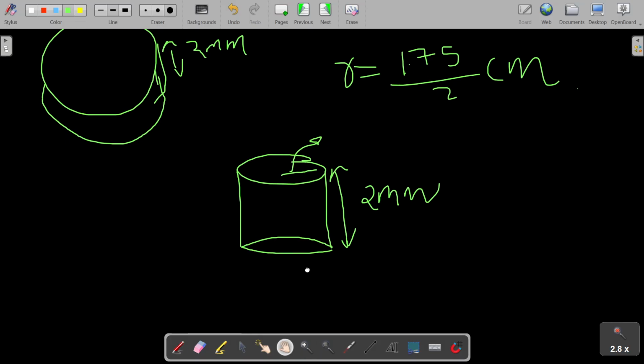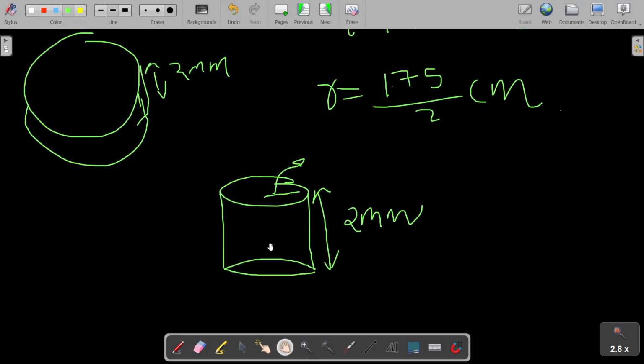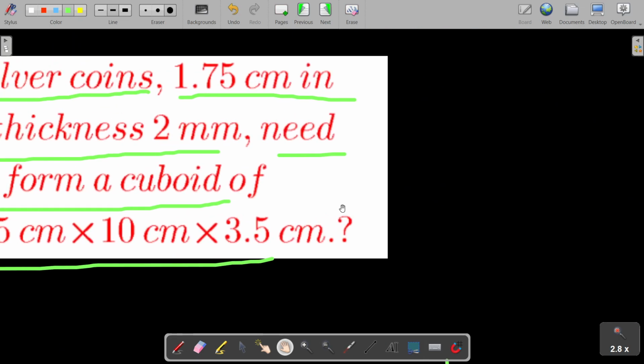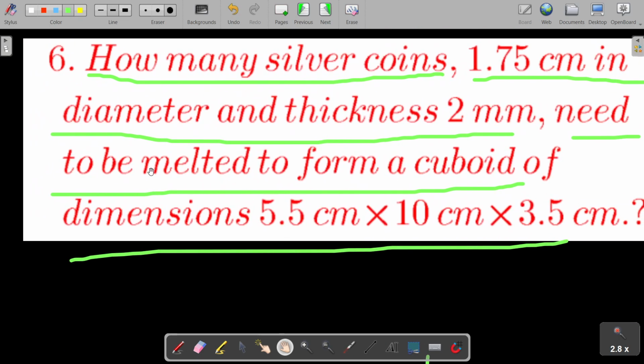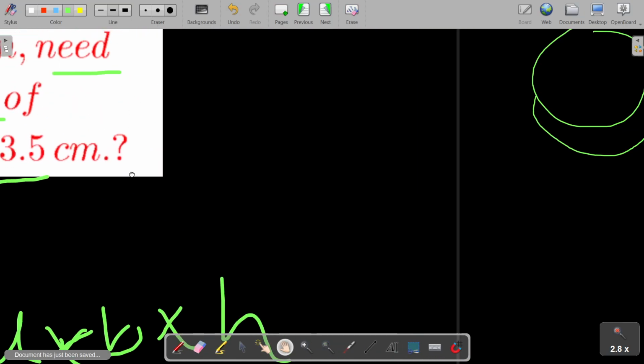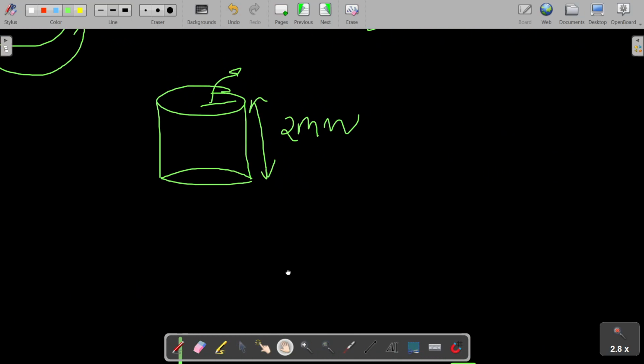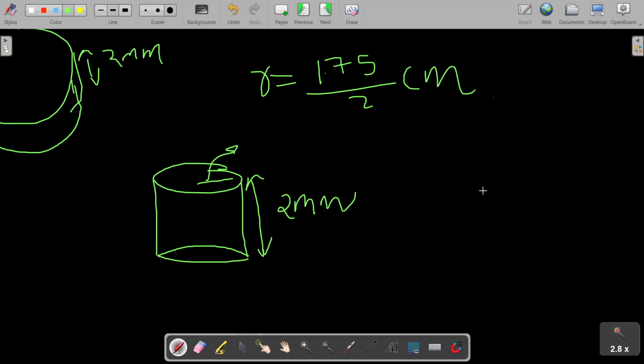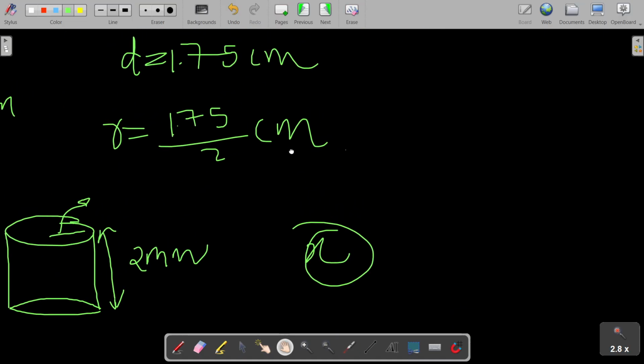So what have we done? We used a coin and converted into a cuboid. We use several coins. So let's call we use X number of coins and converted it into the cuboid.